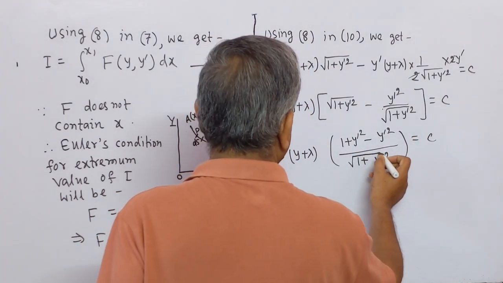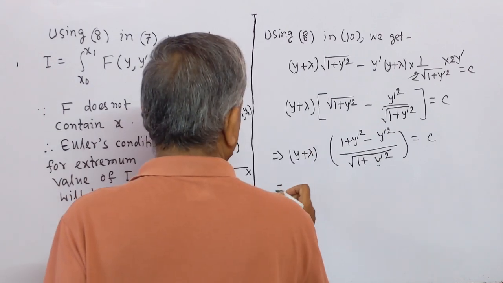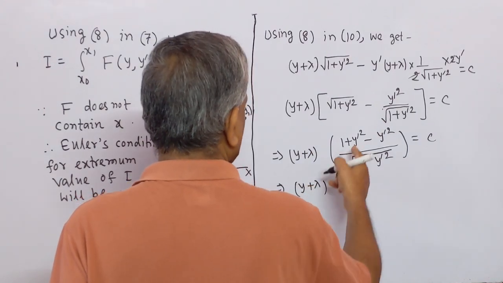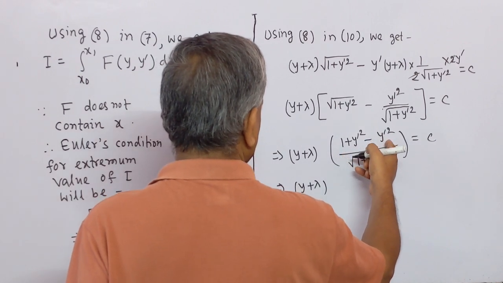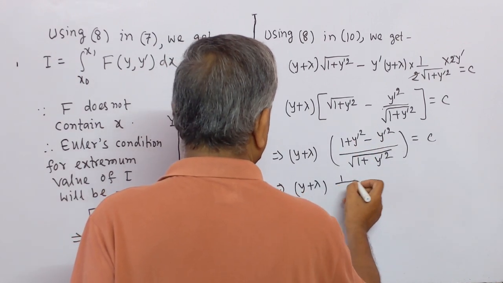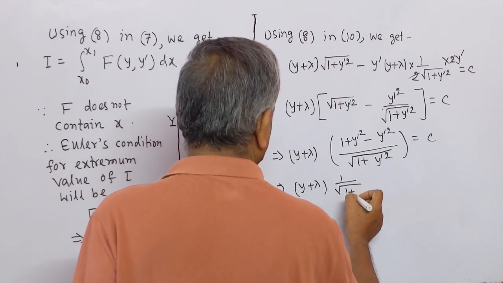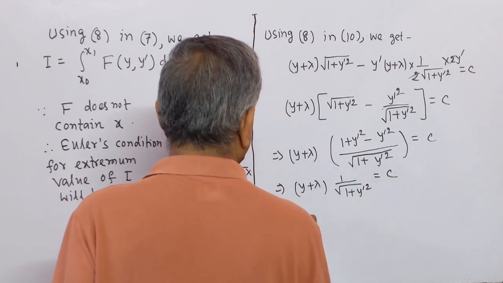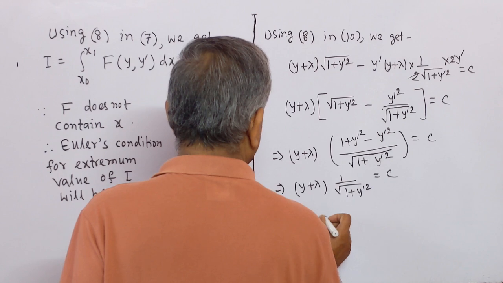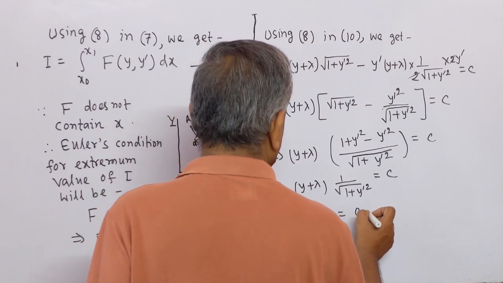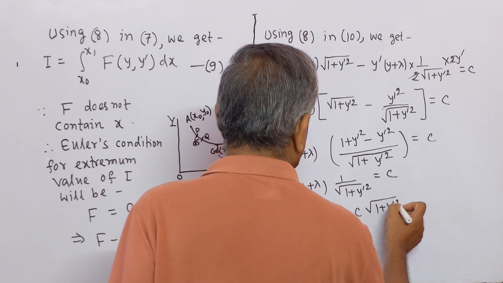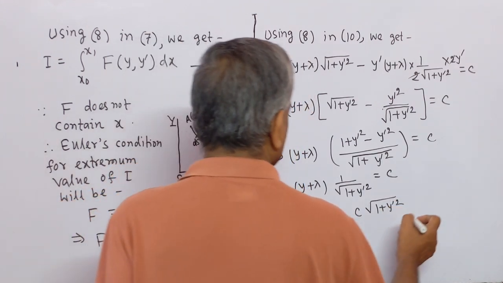Here y prime square cancel, only remains 1 by square root 1 plus y prime square equal to c, implies that y plus lambda equal to c square root 1 plus y prime square. Let this is number 11.